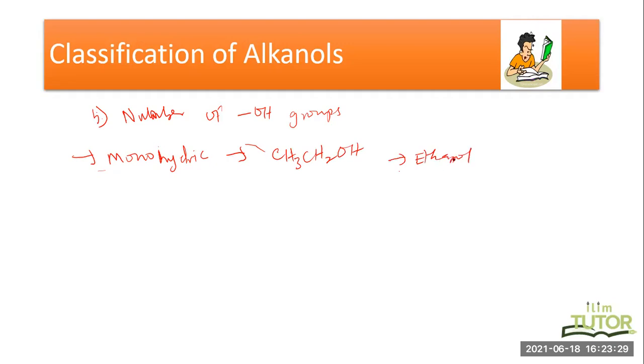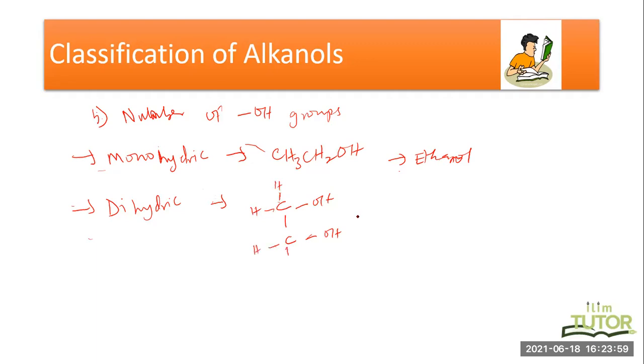And likewise, I could have dihydric, which can also be seen as dihydroxyl. In dihydric, you have a case where you're having 2 hydroxyl groups. So I'm having hydrogen here, hydrogen here, hydrogen here, hydrogen here.